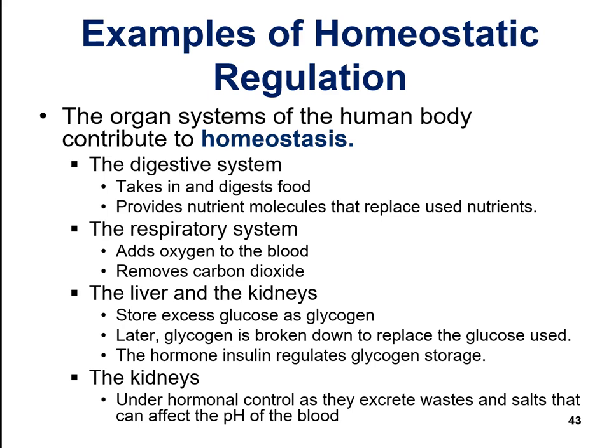Obviously, super important. Liver and kidneys store excess glucose as glycogen, right? And that glycogen can be broken down when it's needed to replace glucose. And you have a hormone, insulin, that regulates glycogen storage. And so again, this is involved in maintaining blood glucose levels, and we're missing the pancreas here too.